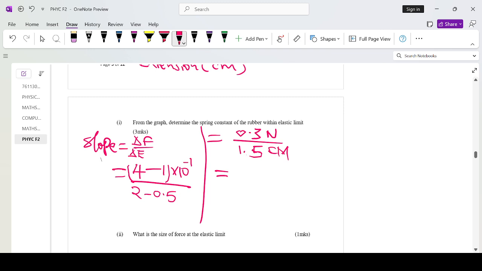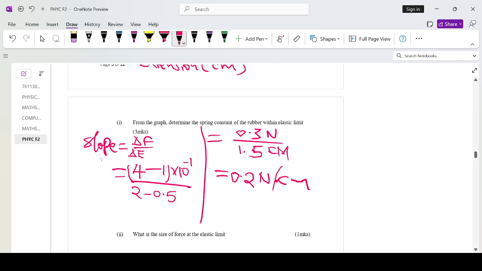Now we use our calculators to do the calculation. 0.3 divided by 1.5, you're going to get 0.2. That is 0.2 newtons per centimeter.